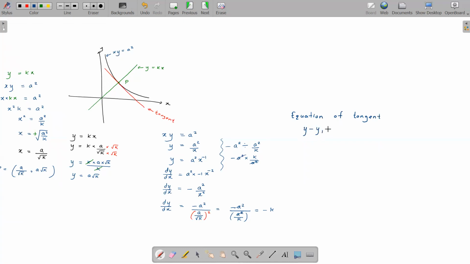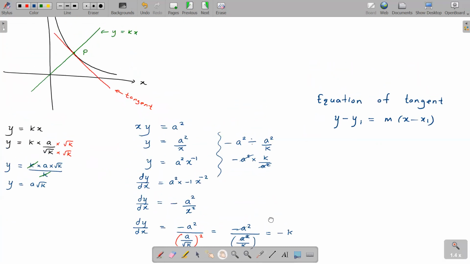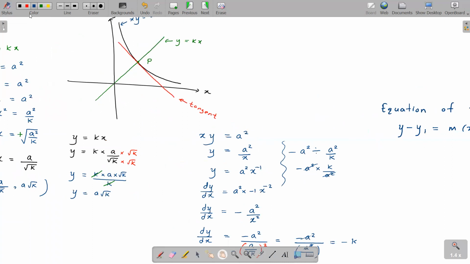y minus y1 equals gradient times x minus x1. So the coordinates are given here, right? P coordinates were what? A over root k, comma, a root k.